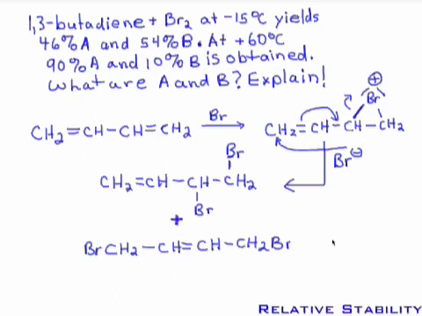Now, if we examine these two molecules, we can quickly determine that the 1,4 addition product is the more stable alkene.